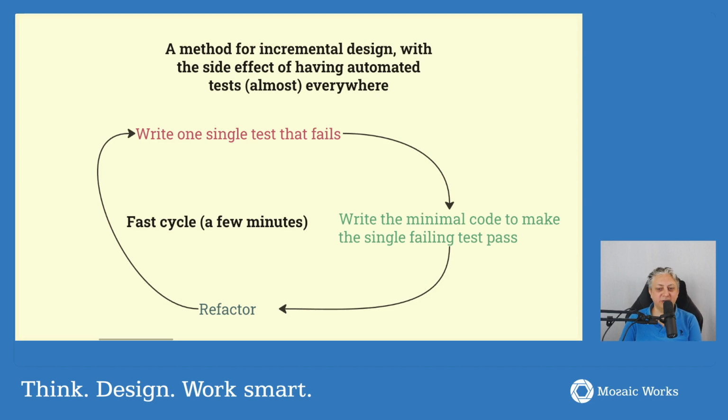The first thing you need to do is write one single test that fails. That's fairly easy to do, something that fits your behavior. And especially when you know where features need to go. Like if you take a big feature and you know that part of it will go into the controller, part of it will go into the service, and so on.